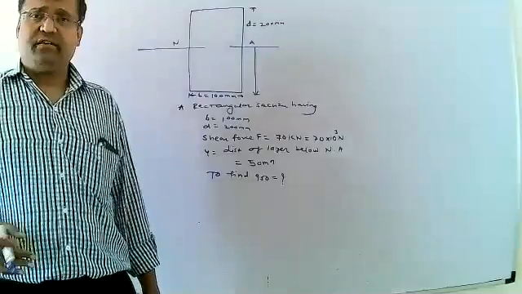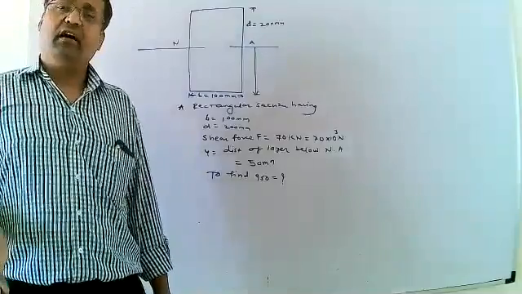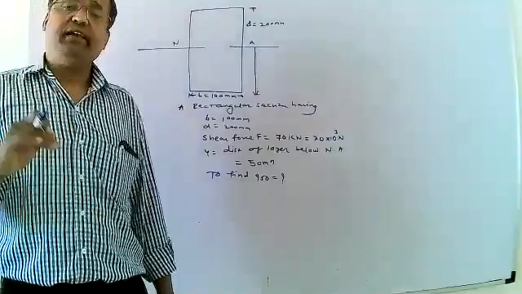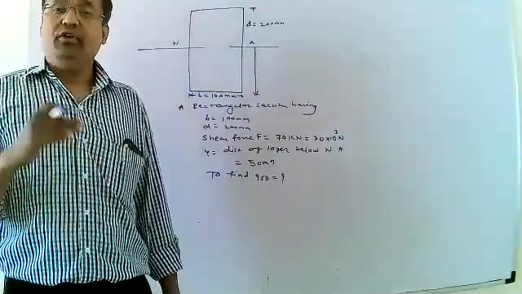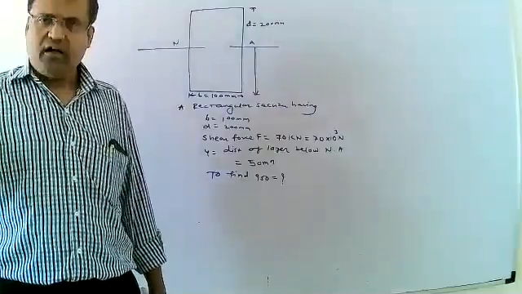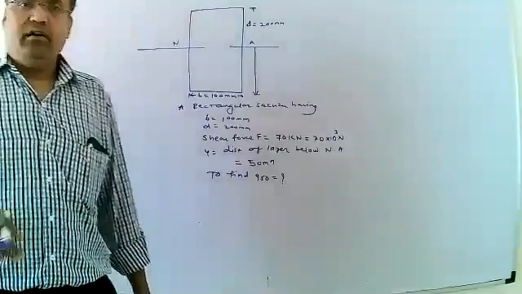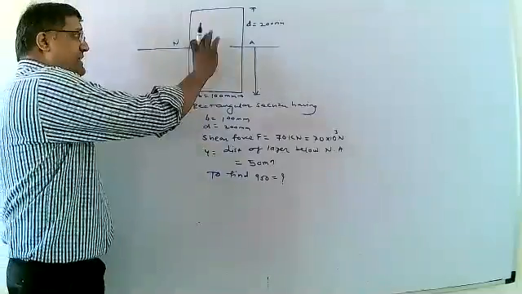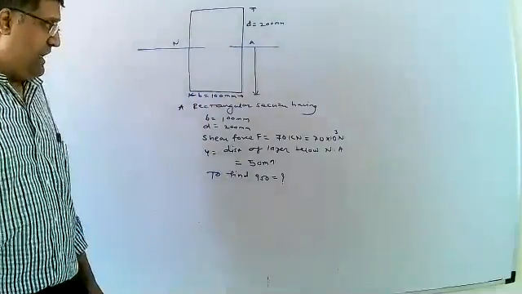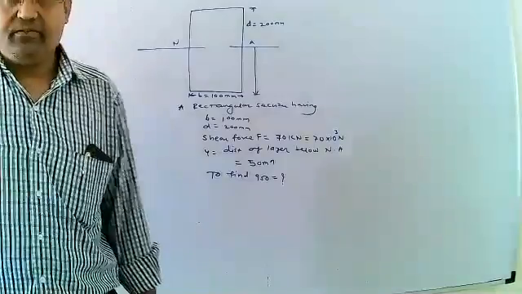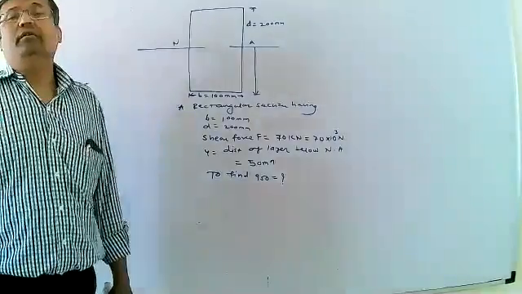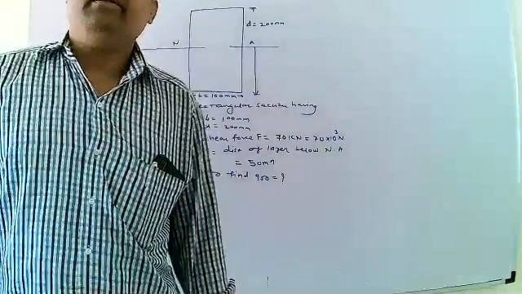It doesn't matter whether it is above or below. Here y is the distance below the neutral axis, 50 mm is given. Then to find shear stress at 50 mm.